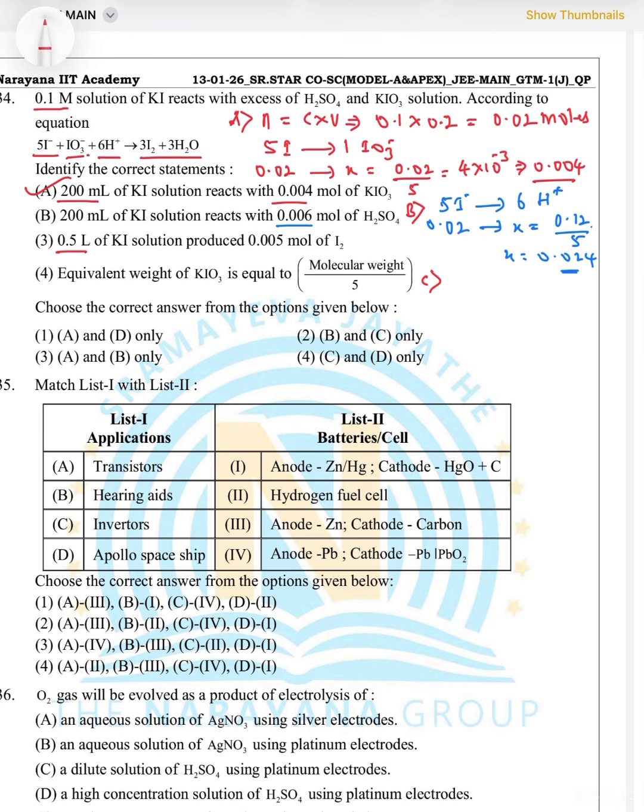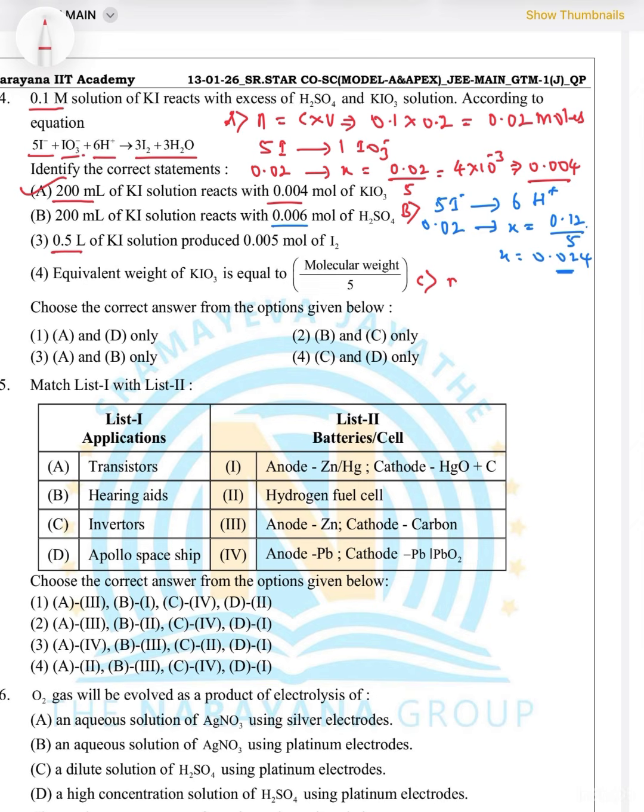Next, third one. Third is what? 0.5 liters of potassium iodide produced 0.005 moles of iodine. So moles of iodide is equal to, what is the formula? Concentration into volume. 0.5 liters, concentration is 0.1, that is equal to 0.05. This is the number of moles of iodide, right? But according to the reaction, if you see, potassium iodide produced iodine.